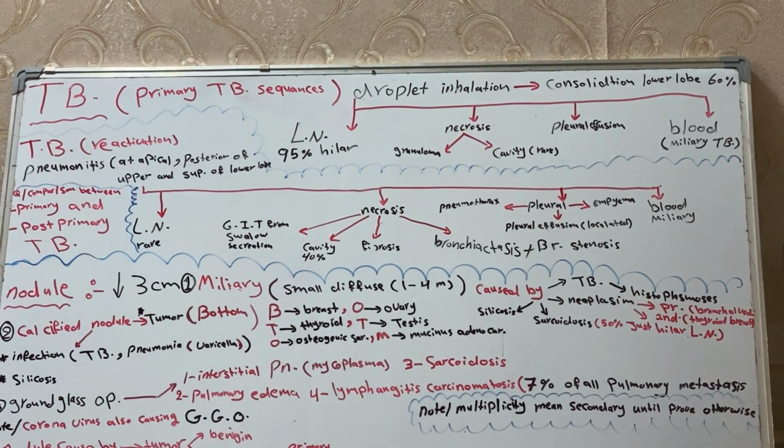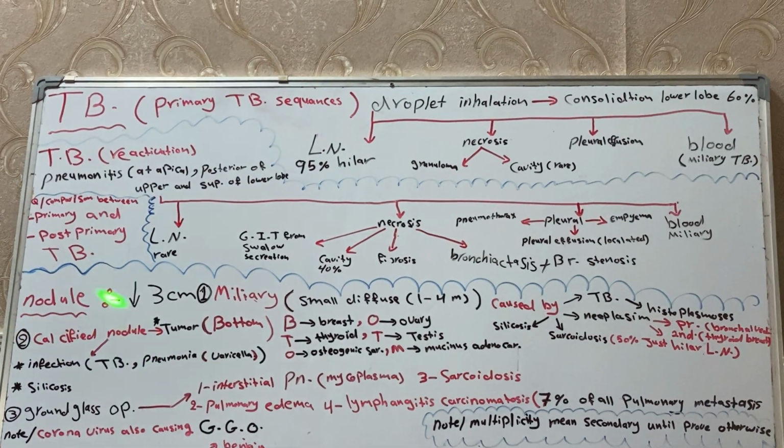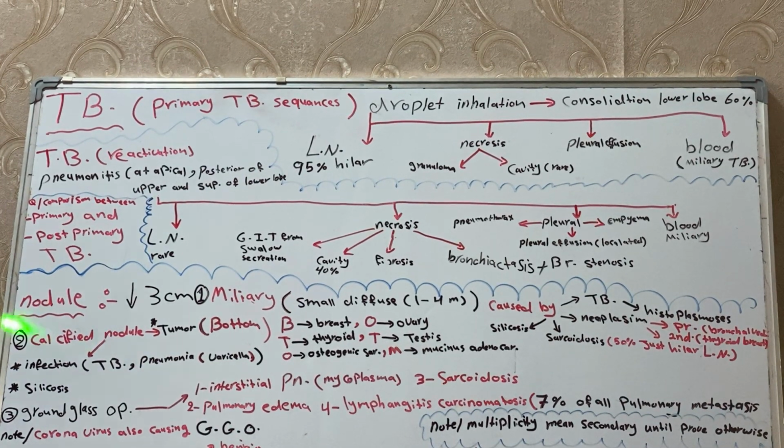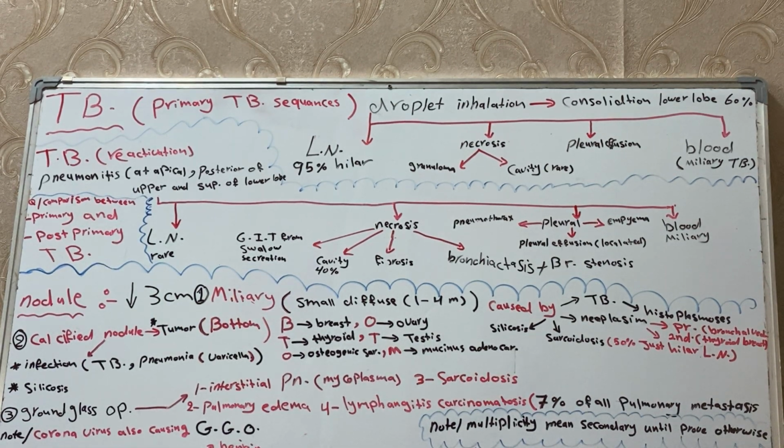This is the consolidation. What about the nodule? As we said before, the nodule is any abnormal opacity below 3 cm, which is either miliary or calcified nodule, or sometimes ground glass.